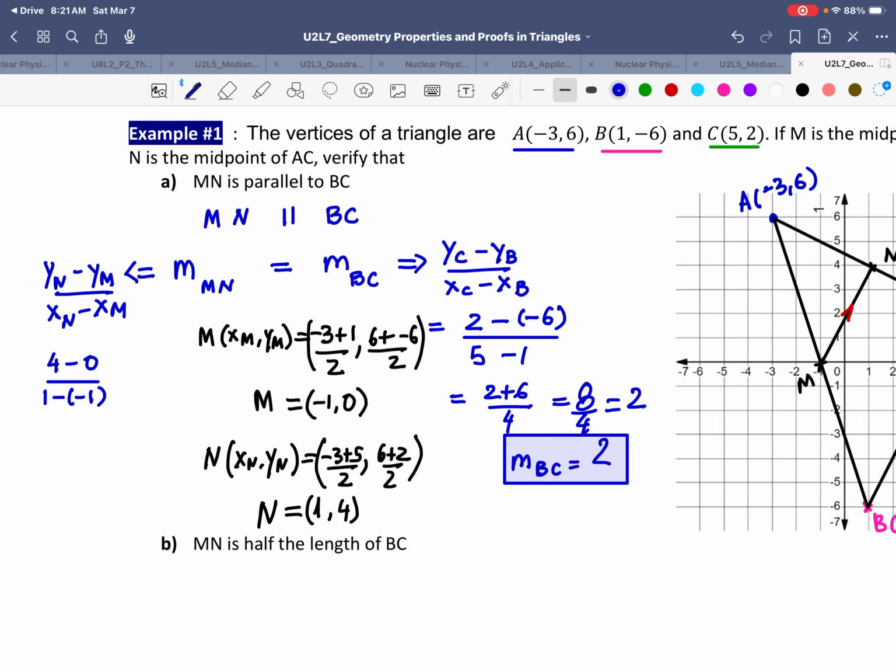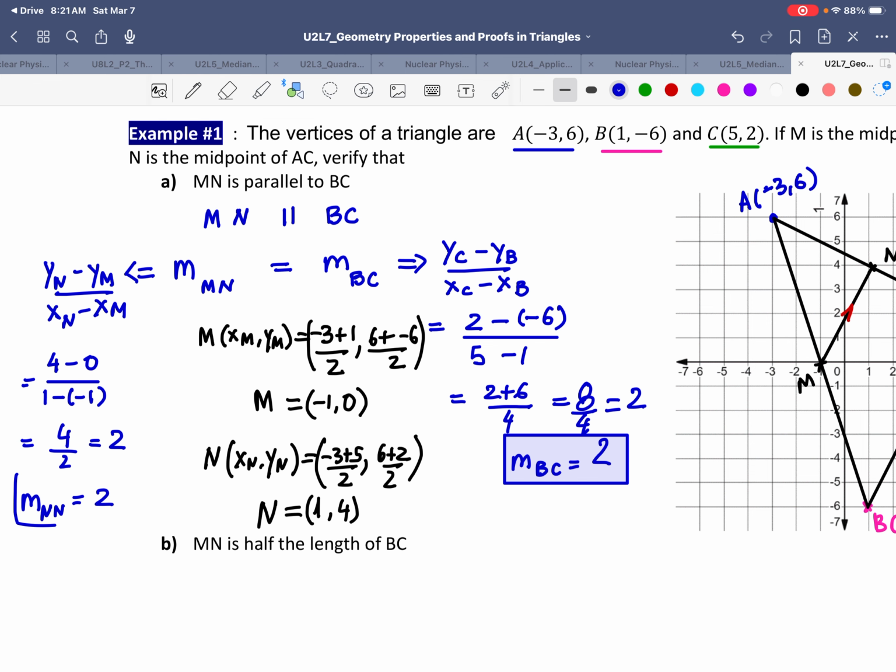Now 4 minus 0 would be equal to 4. 1 minus negative 1, remember two negatives make a positive, is 2. So the value of the slope will be equal to 2. So the slope of MN is confirmed to be equal to 2.